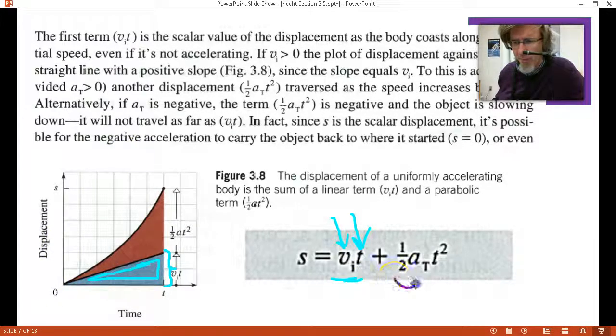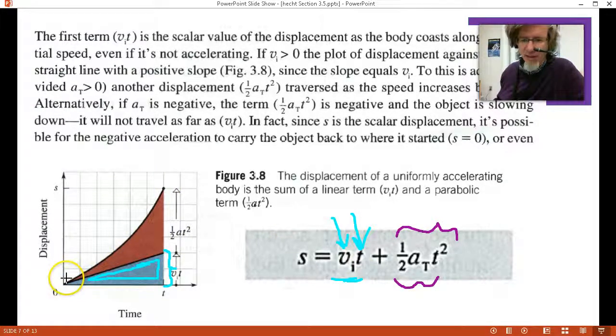The purple part is this additional. At each time you have gone a little faster, and the faster you're going is getting faster, so the speed is getting greater each time. So that's a quadratic term. So you add the quadratic term to the linear term, you get this kind of parabolic motion.